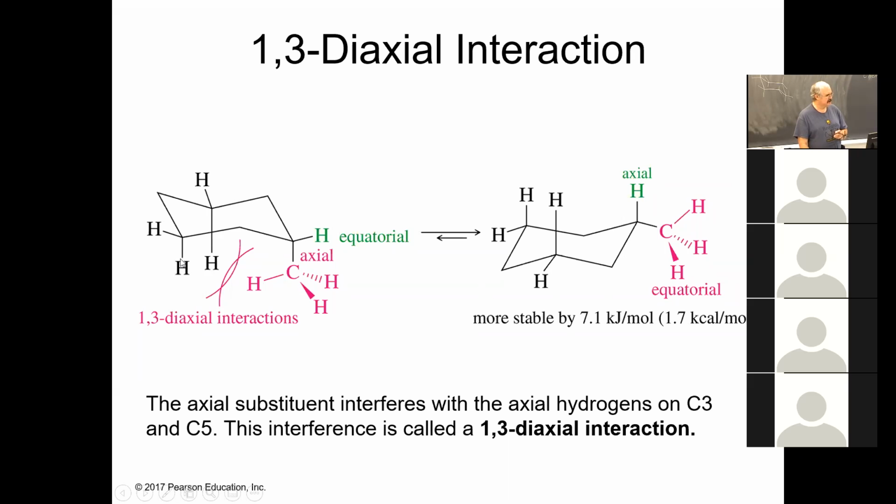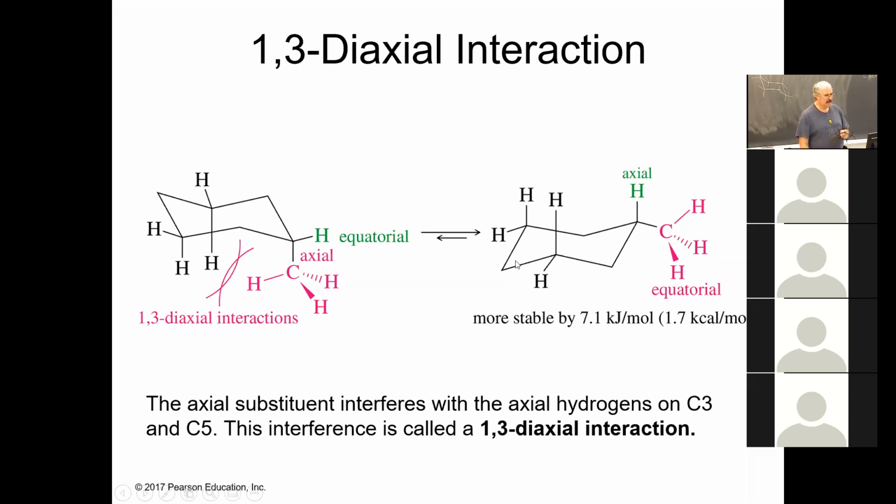This is like the steric strain I was talking about a little bit ago with the boat. So there's some repulsion going on between the hydrogen on this methyl group and this hydrogen 2 carbons away.